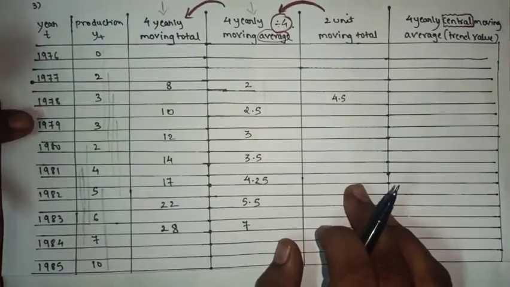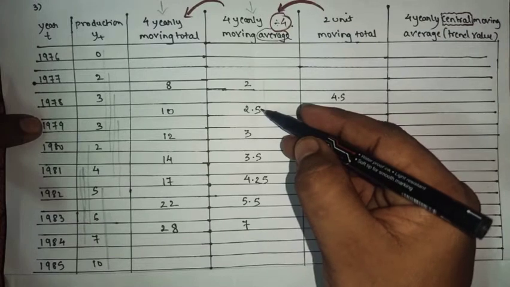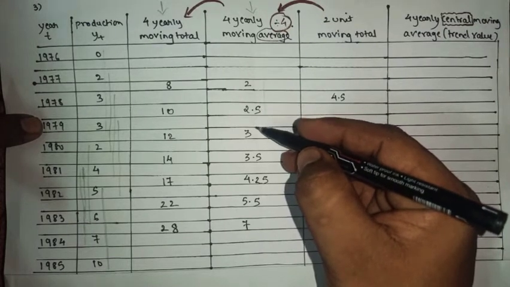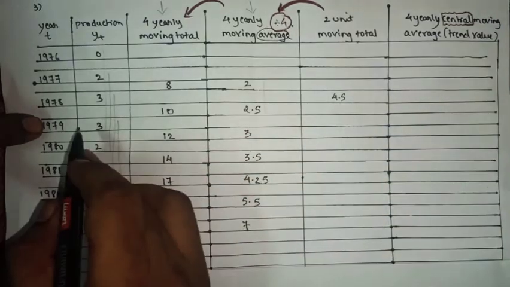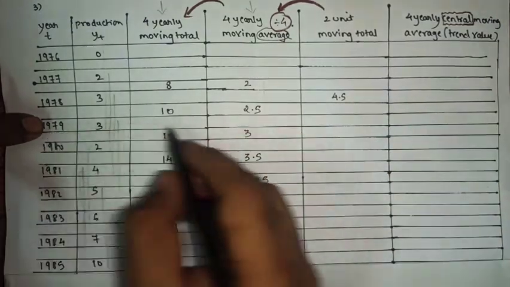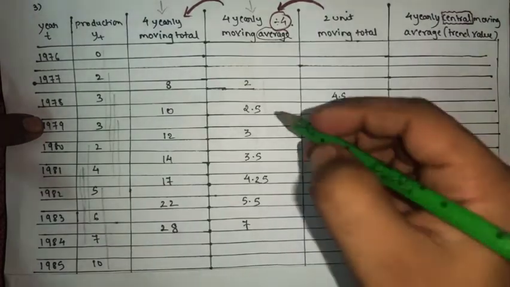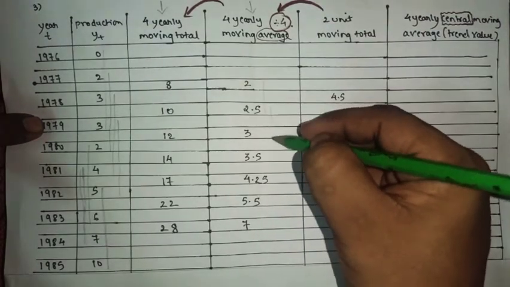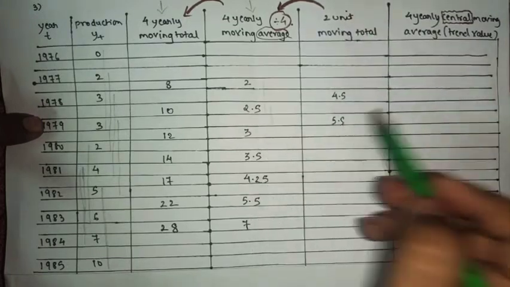Now the next answer will lie on 1979. So the next: 2.5 and 3. You will add these numbers and write between these two. So the answer will be 5.5. Understood? Add these two numbers and you will write the answer of 2-unit moving total between these two.